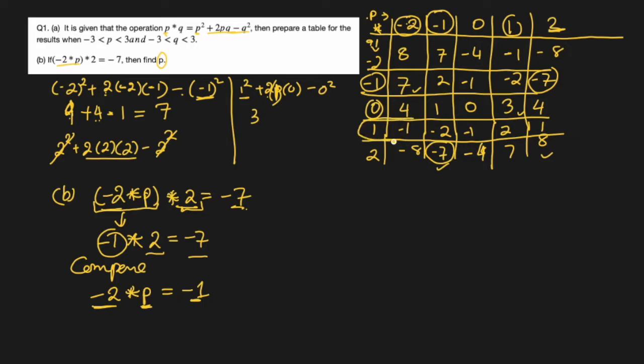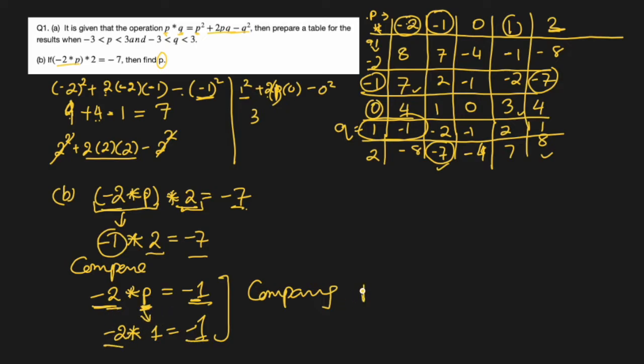Here. Yeah, and what is Q in that case? That Q becomes P because Q is the second number, right? And that's why negative 2 star 1 is negative 1. And again compare these two, we see that negative 1 negative 1, 2 negative 2 negative 2, so P is 1. This is how we can answer this question.